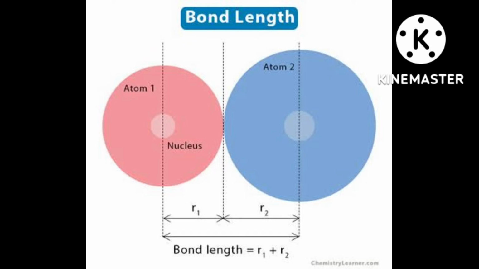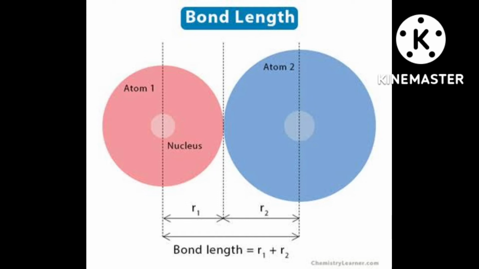The lattice enthalpy of an ionic solid is defined as the energy required to completely separate 1 mole of solid ionic compound into gaseous constituent ions. Means if solid is there, then how much energy is required to separate out all atoms in the gaseous state in the form of ions.